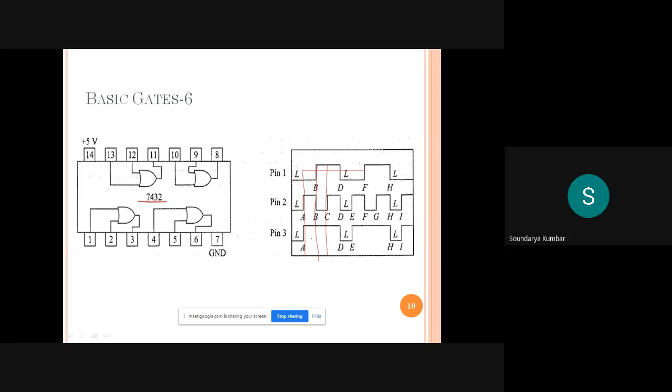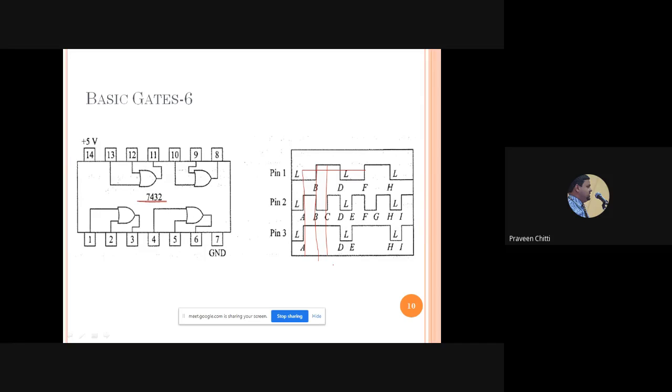High. When you are drawing the timing diagram, one very important thing you should remember: you should not bother about the input or output for the entire duration. Till a particular point where one of the inputs is changing, for that particular duration you should check all the inputs, and based on that you should write the output.